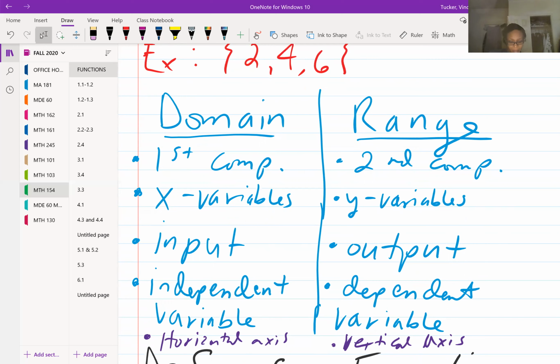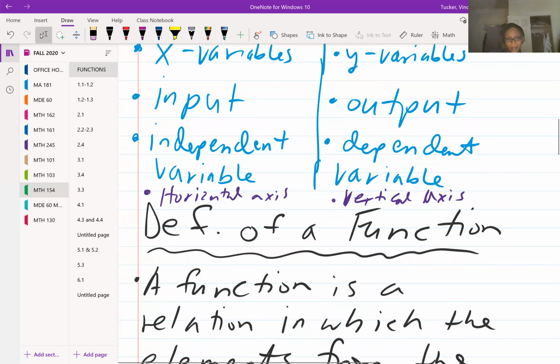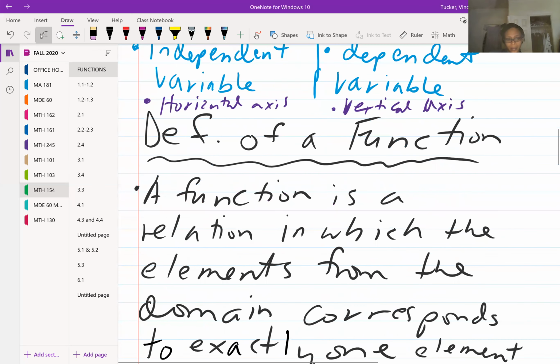Then when it comes to your axes, your domain will be on the horizontal axis, your range will be on the vertical axis. Everybody's still holding on.